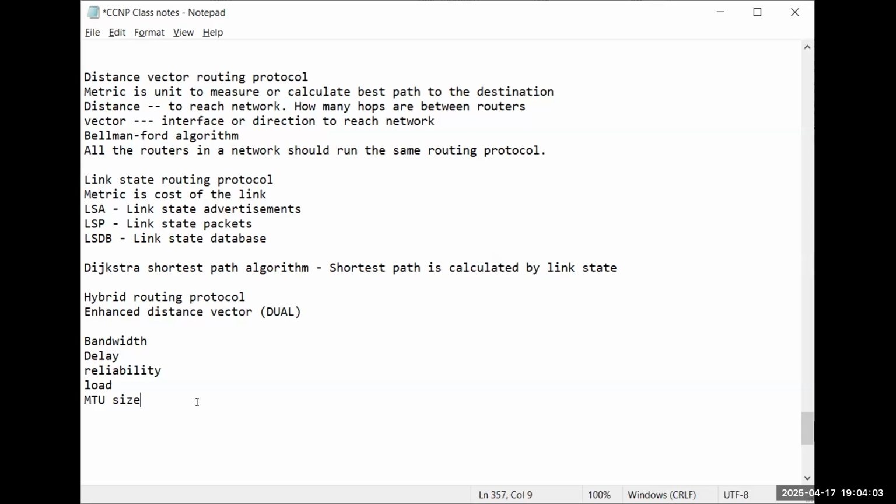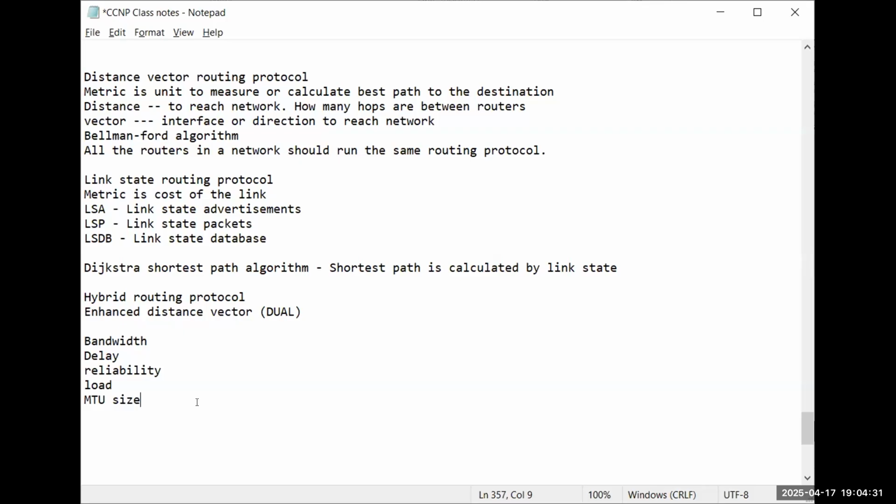Whatever networks it has, whatever link it is using, it's going to update its full information only for the first time. Next time onwards, only when there is a change, it's going to update only the changed information. Okay, not the full information. Whatever changes are there in the routing information or on the link, it is going to update only that information. So that's why it's not going to send full routing table updates as well.